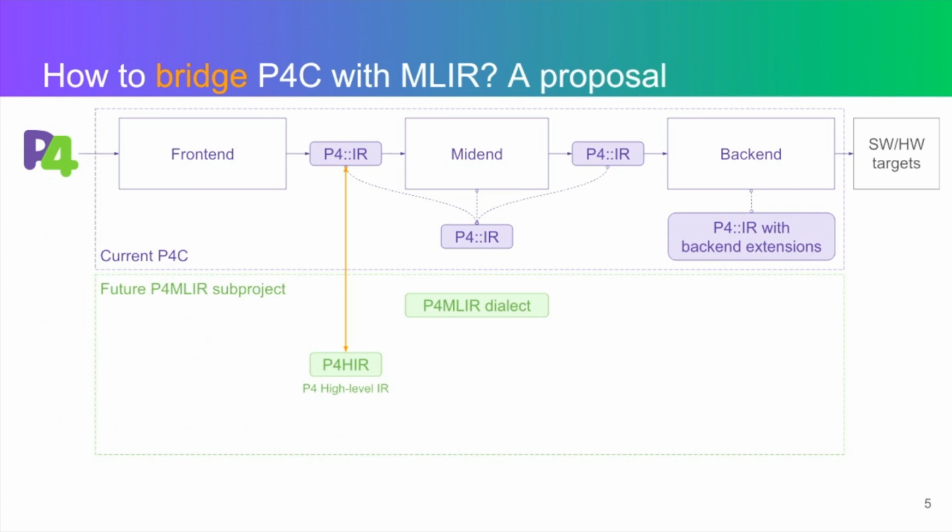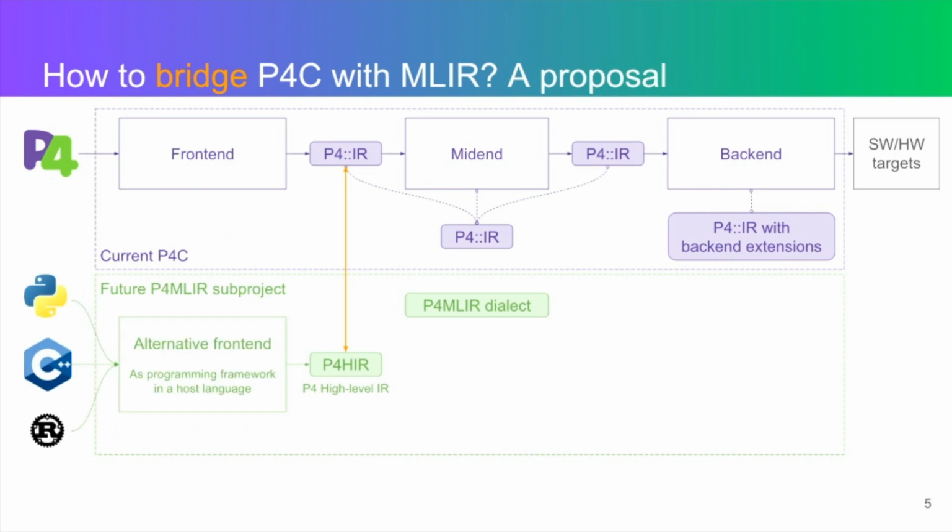And with a prototype of P4HIR, there are some potential use cases we can think of. One is that it's probably possible to build an alternative front-end, similar to those machine learning frameworks, in the form of a programming framework in a host language. There are mature examples of using Python to build those frameworks in ML compilers.